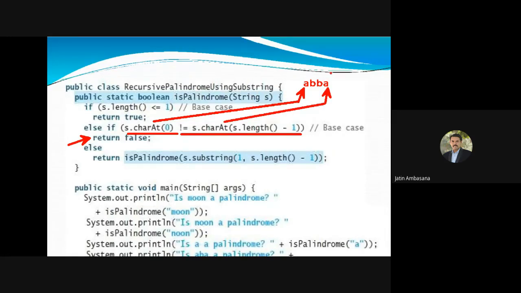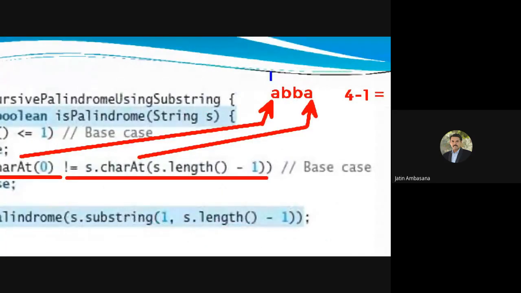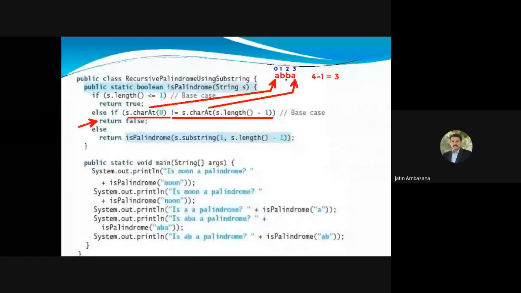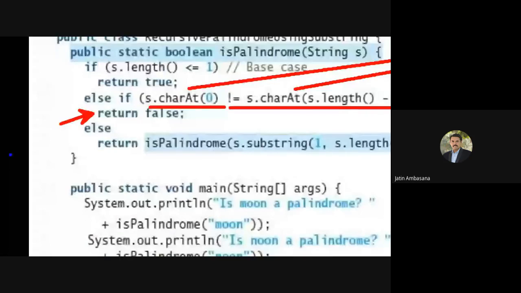The length is 4, so 4 minus 1 is 3. The index of this A is 0, this is 1, this is 2, and this is 3. We are comparing the 0th character and the last character. If those are not the same, you return false.